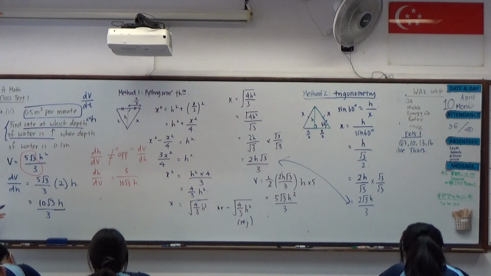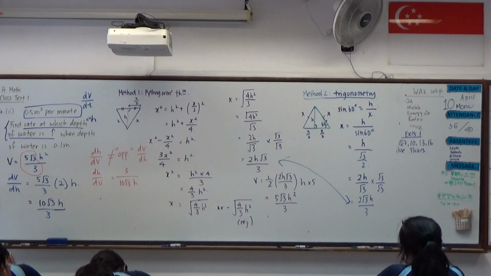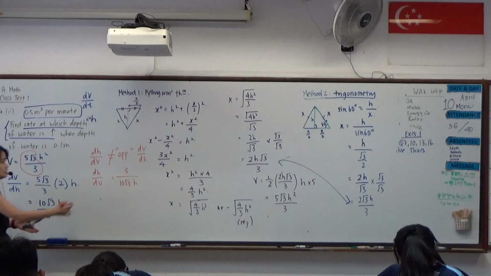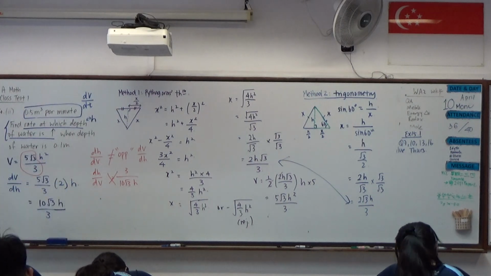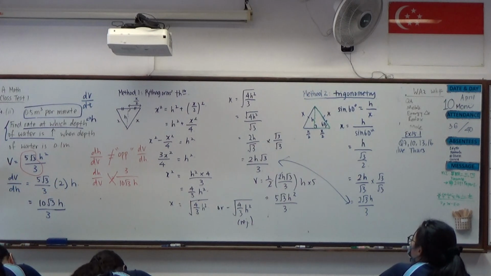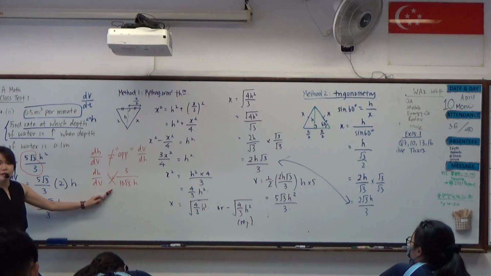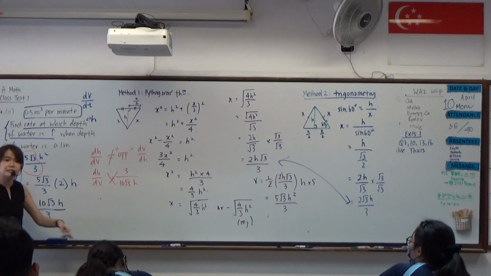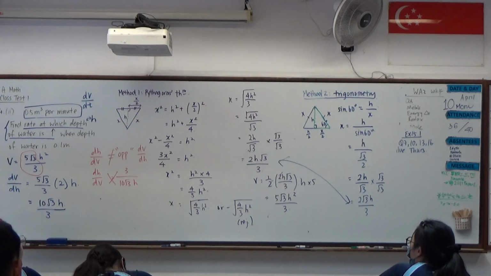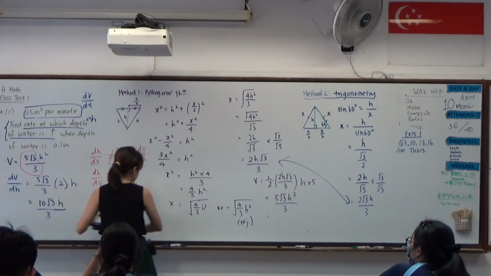You cannot just happily flip the fraction like how you flip this, you know. Okay, it's not true. Alright? So this is not a true fact. Why? Because for dH over dV, I must make H in terms of V first. I must make H in terms of V, then I differentiate. But did you do the H in terms of V? You did not. Okay? So you cannot draw such a conclusion. Alright? Numerically, when you sub in the numbers, yes, it gives you that numerical value that seems to fall true. Okay? But logically speaking, in a mathematical sense, we cannot say that. Okay?